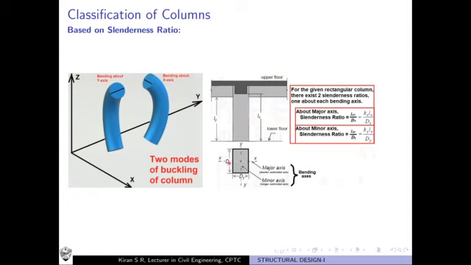Dx is the distance measured perpendicular to the shortest axis, and dy is the distance measured perpendicular to the longest axis, the minor axis. So these dx and dy are the lateral dimensions of this rectangular column.